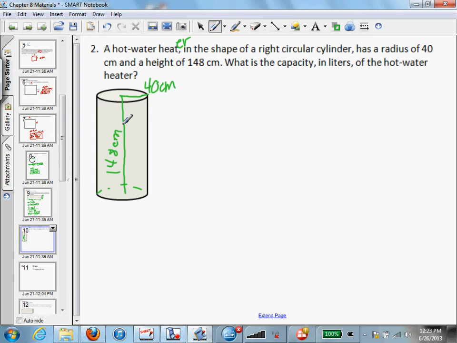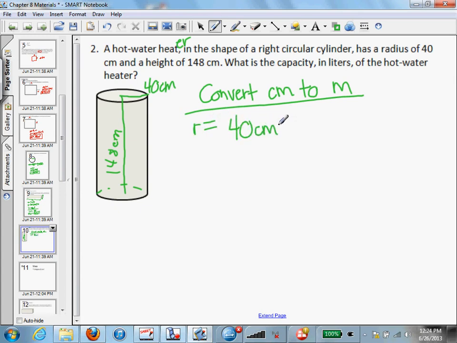Okay, now let's use our ability to convert our centimeters to meters. So the radius was 40 centimeters, so that means the radius has to be 0.4 meters.